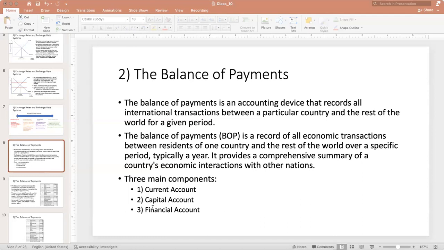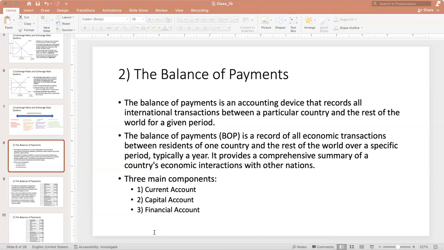Every transaction has an equal and opposite entry, ensuring that the sum of the current account, capital account, and the financial account theoretically balances to zero. Therefore, any surplus or deficit in one account is offset by the corresponding surplus or deficit in another account.